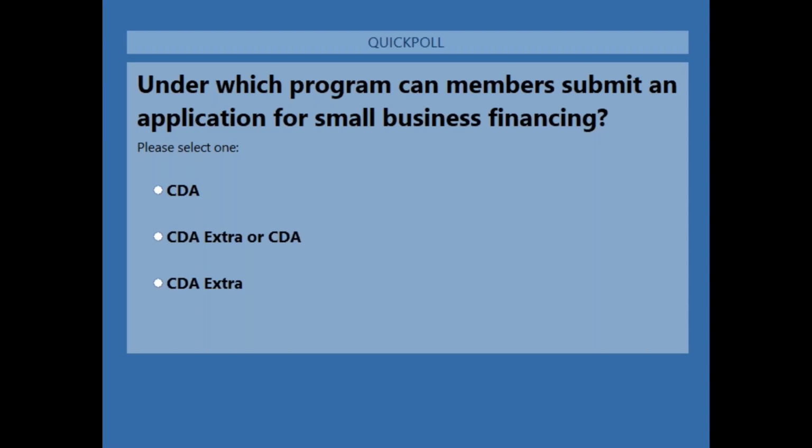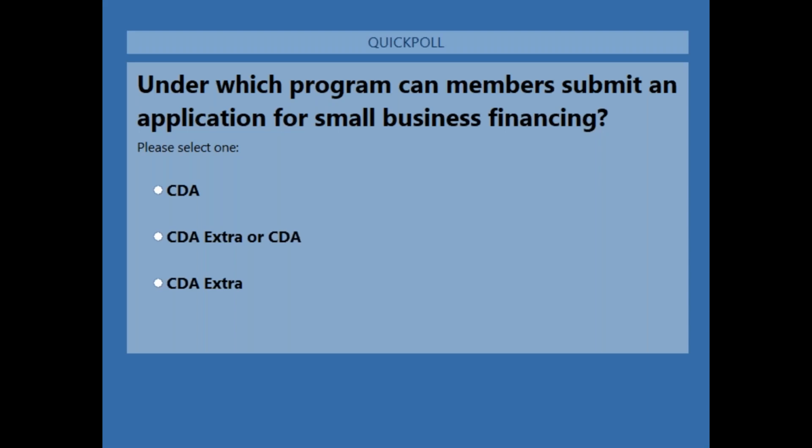All right. Well, I'm just going to redirect folks. Small business lending applications can only be submitted under the CDA program. So you just want to keep that in mind. CDA Extra does support non-residential or business activity, but you cannot submit an application programmatically for small business lending.